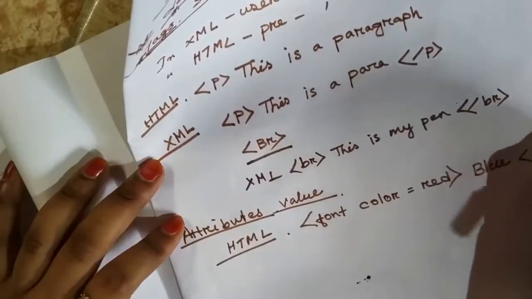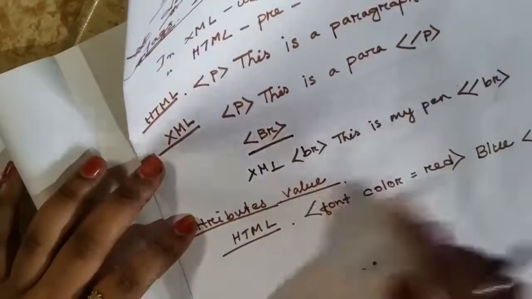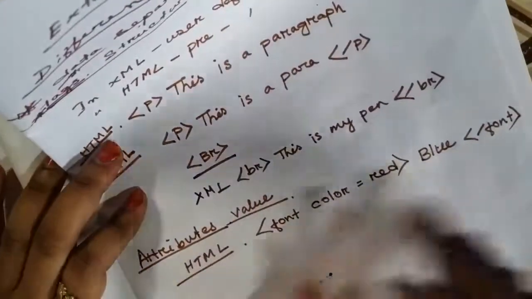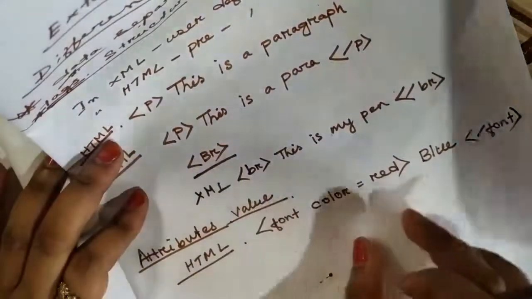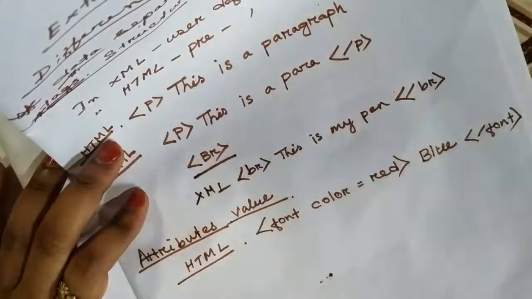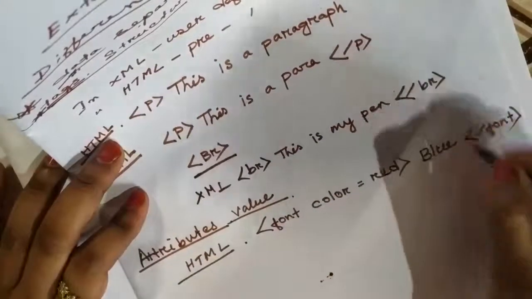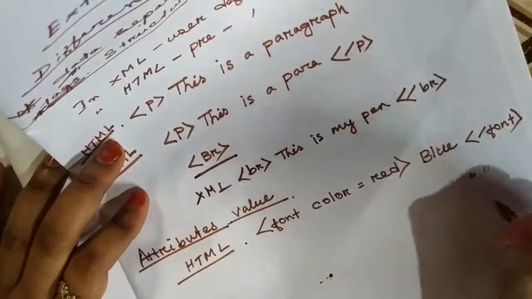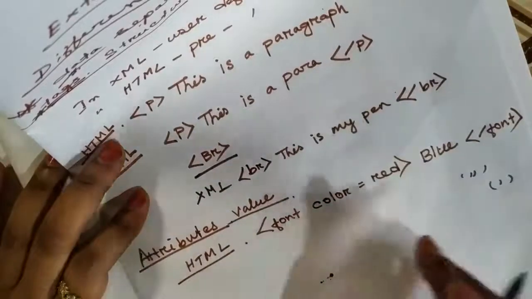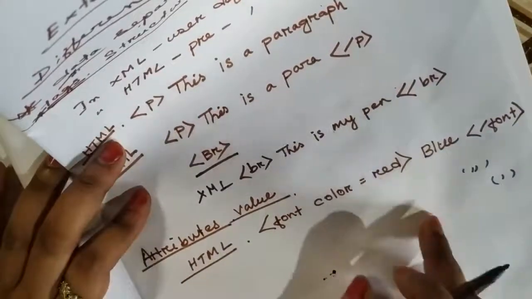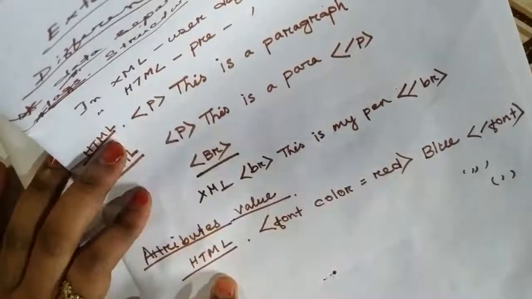Okay, done. This is HTML. There is no need to give the value of the attribute in double quotation or single quotation. No need to give any such symbols in HTML in the attribute value.